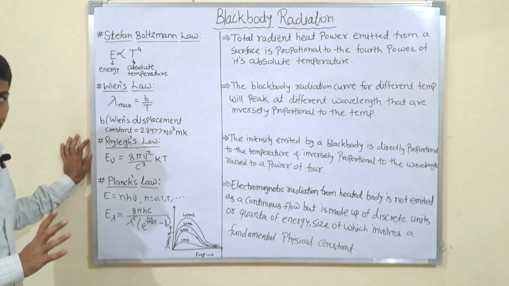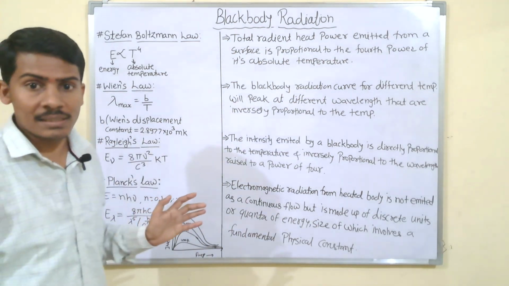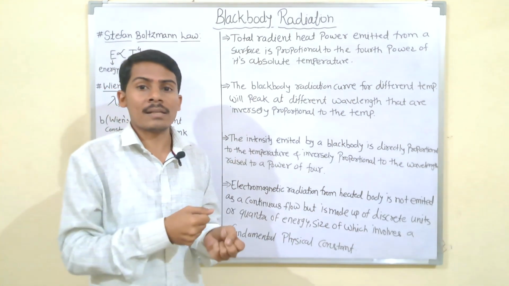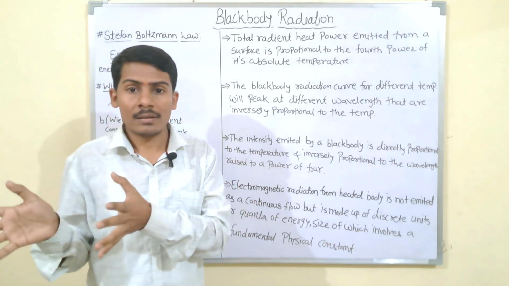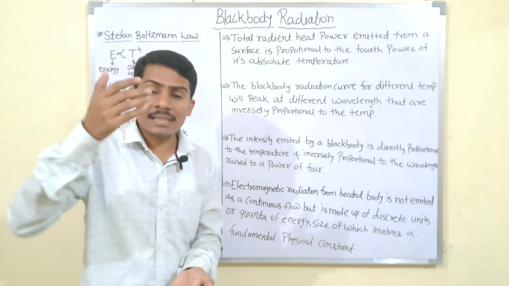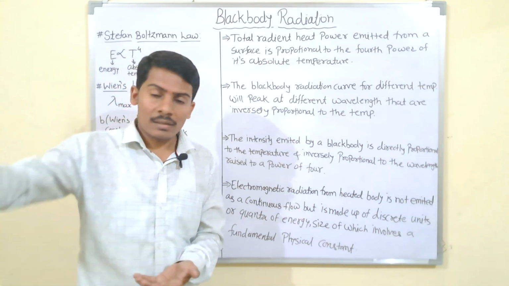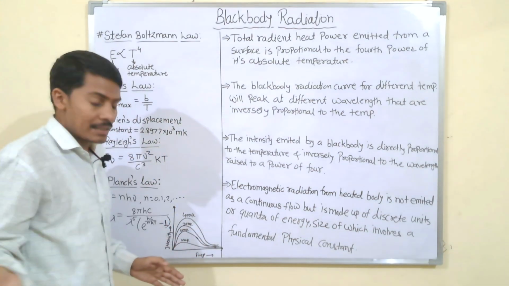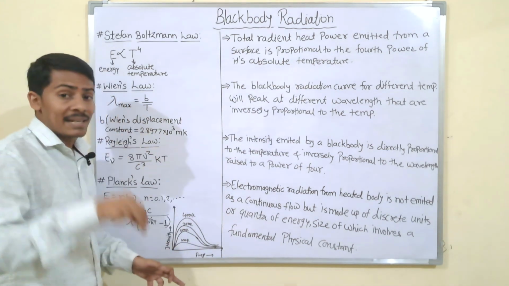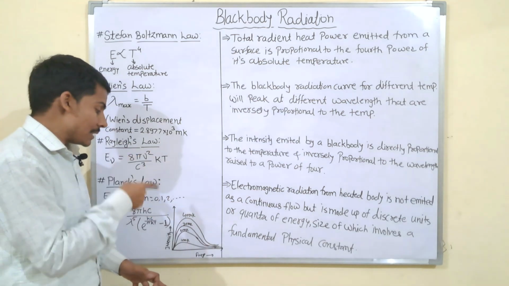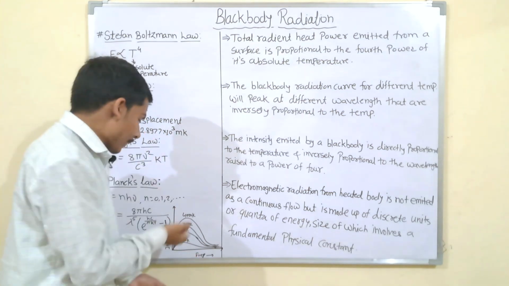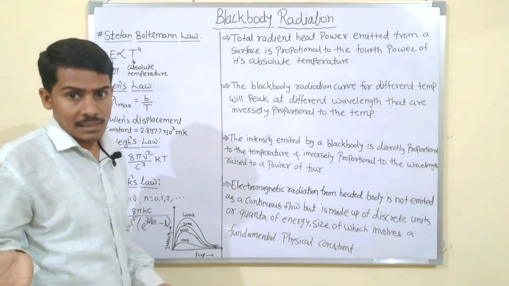And this energy density is neither dependent on the chemical composition of the object nor its shape, but it depends on the temperature. If we increase the temperature by any degrees, in Kelvin or in Celsius, at that time the intensity is increased for that particular temperature. That is, if we increase the temperature, then the intensity increases.